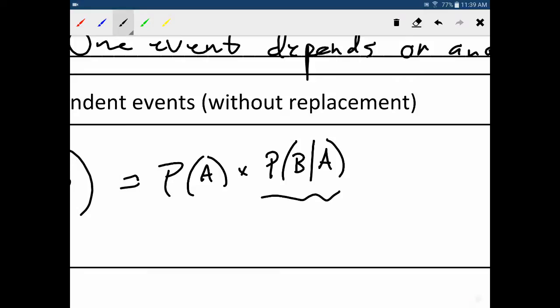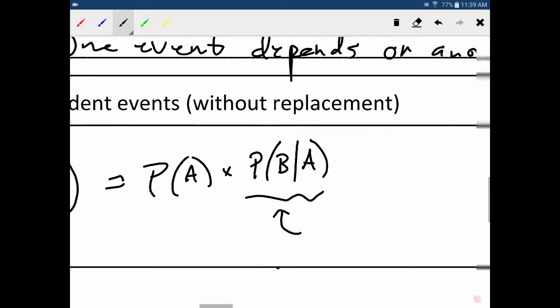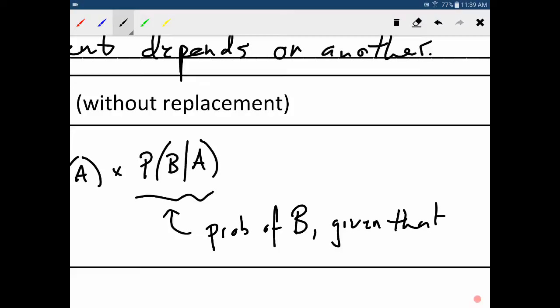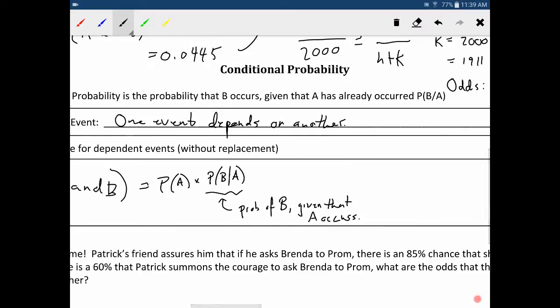So let's write out what that means. This is the probability of B given that A occurs.